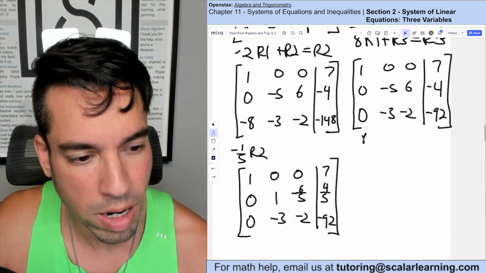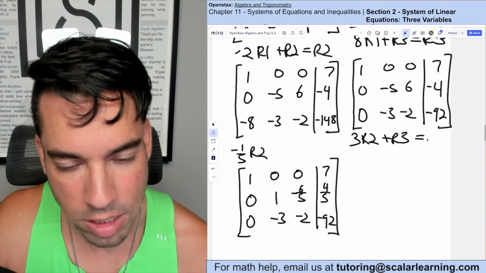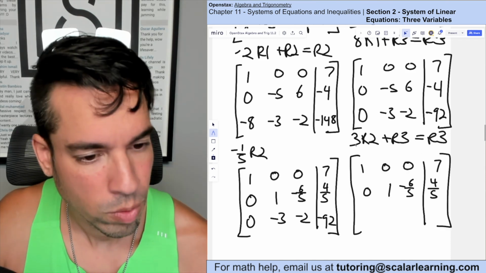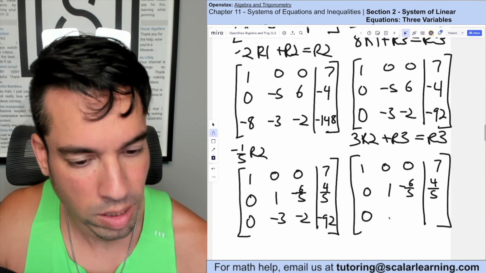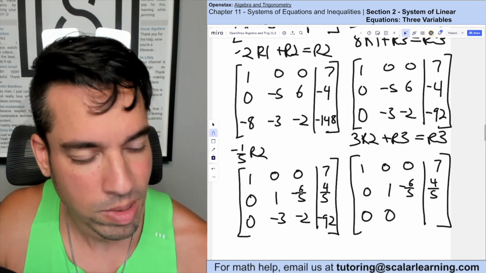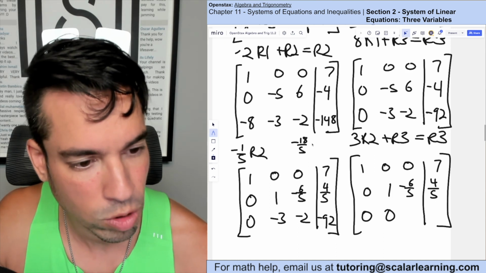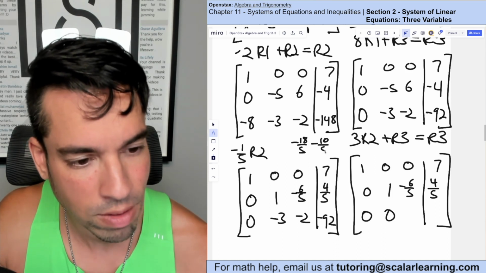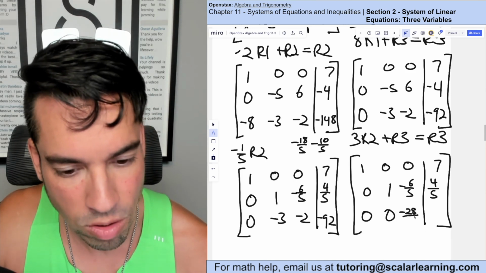So I'm going to multiply row 2 times +3, add it to row 3, and that's going to be our new row 3. Let's write it out. So we got 3 times 0 plus 0 is 0. 3 times 1 is 3 plus -3 is 0. 3 times -6/5, that's -18/5 plus -2, which is the same as -10/5. So that's going to be -28/5 down here.